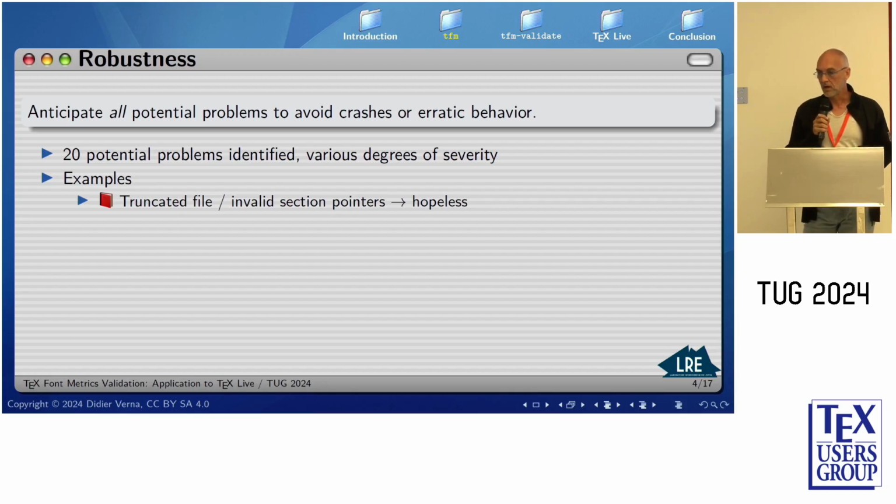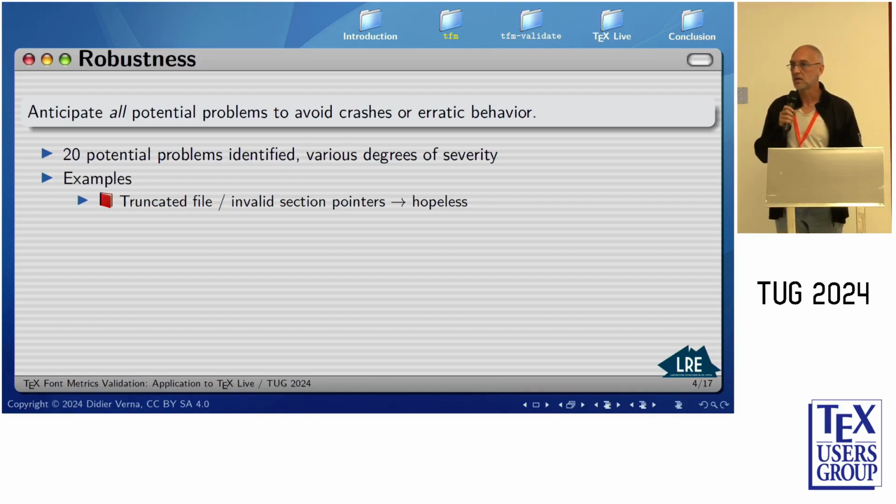Another kind of non-recoverable error would be an invalid section pointer. The TFM format has lots of tables in it, and pointers and indexes into the tables. So if you have an invalid pointer to a section, it means that you've completely lost access to extremely important information. So there is not much you can do about this, apart from exiting gracefully or giving up.